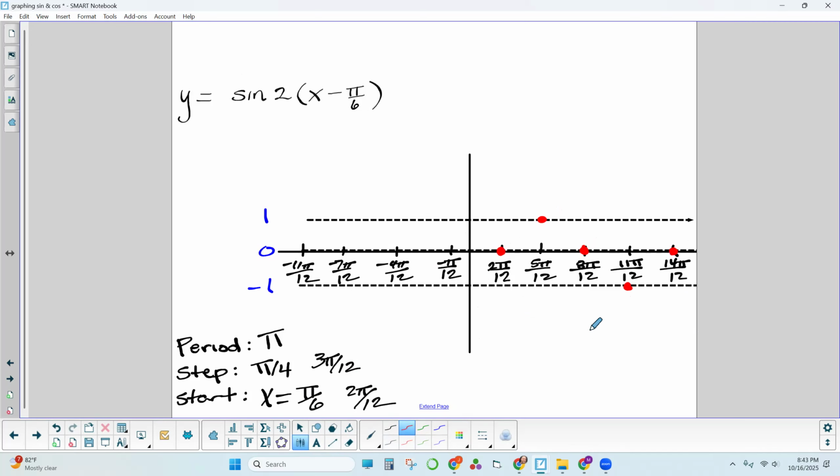It's important before you start that you know the shape of your sine and your cosine function. It's very important. Just like knowing all your parent function shapes. Okay, connect the dots. Circle our starting point. And we are golden. Okay?